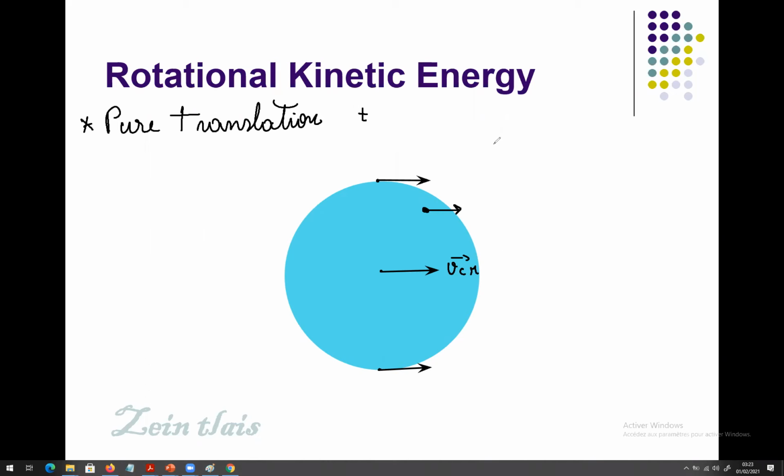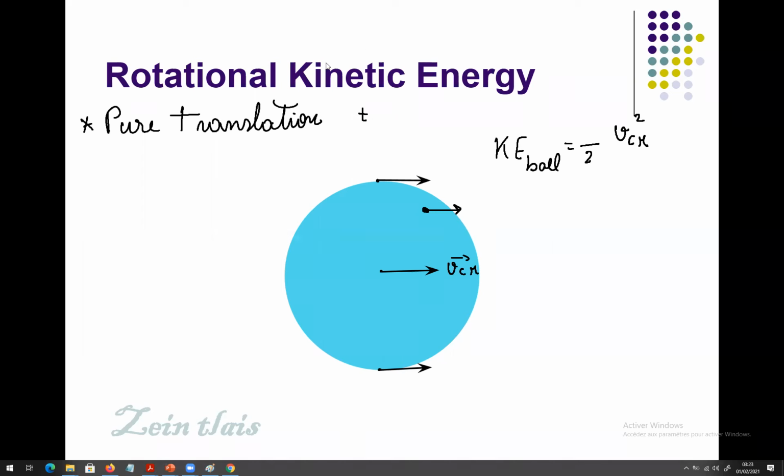So in this case, we can say the kinetic energy of the whole system, equals to half mv square. We can say VCM. M is the mass of the total system of the ball, okay?